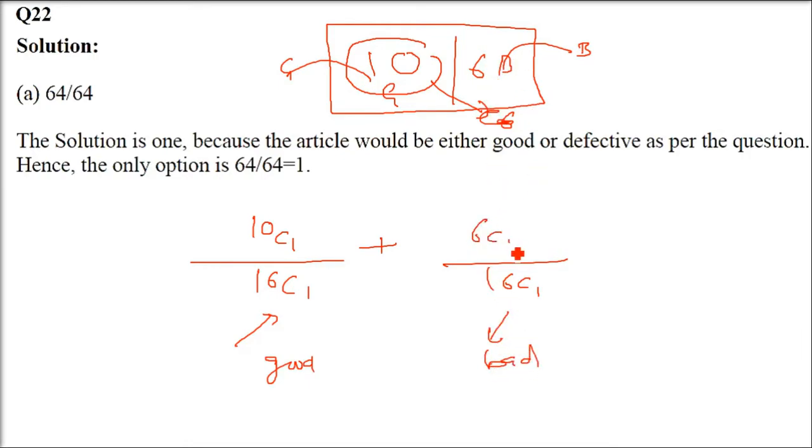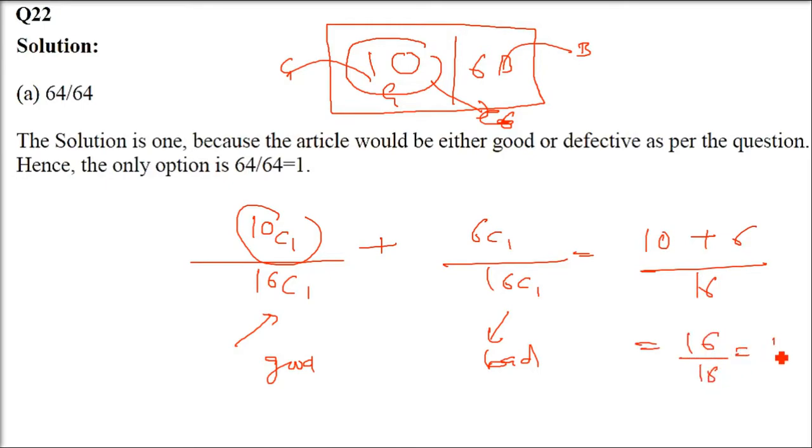What is bad? 6. So we are taking 1 out of it. So 10C1 is going to be 10, 6C1 is 6. So 10 plus 6 by 16, that is going to be 16 by 16 is 1. So by observation also and by the proper formula or solving, we get 1 only.